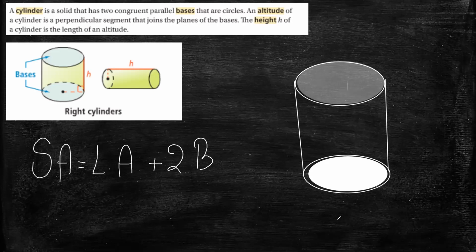That means instead of writing B, I can write the area of a circle, which is pi r squared.